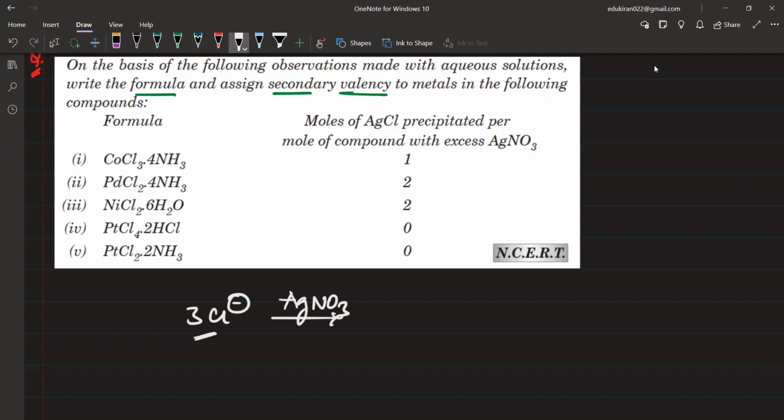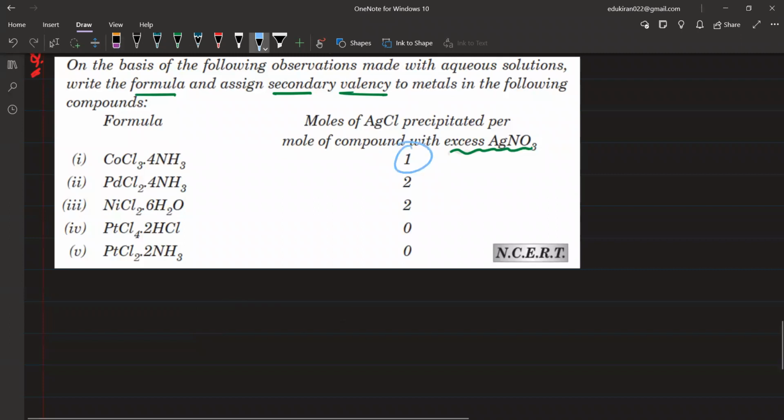Why? I have 3, so why will I form 1? Because excess of AgNO3 is present. I have so much AgNO3 present already. So how much AgCl will be formed? 3 moles, right? But how much is forming? 1 mole. आपको ये बताना है.